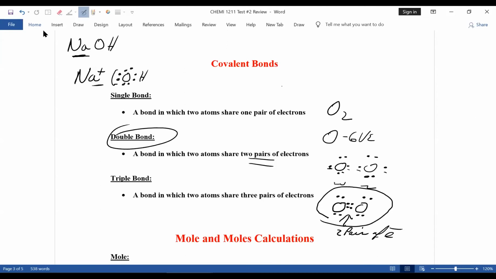The electron that was on sodium goes to one of these here. So this has an extra electron, and this would be the Lewis structure for sodium hydroxide, which is an important chemical used daily in the American chemical industry. And that has both an ionic bond and a covalent bond in it. And you should know how to do that. All right, let's move on.